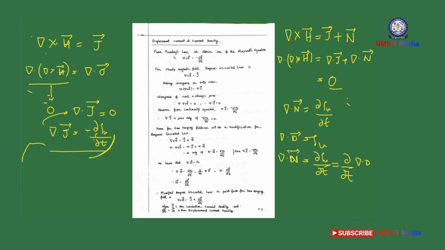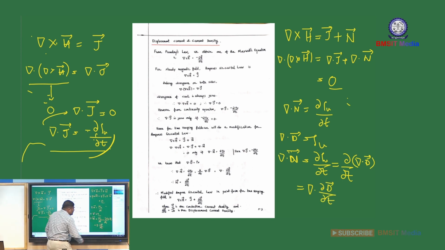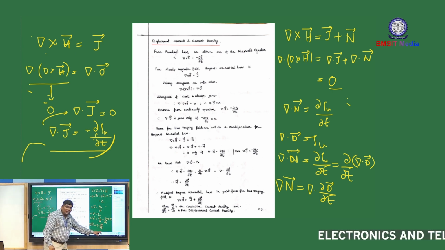Del dot D. So that is also equal to del dot dou D by dou t, where we can take del out. Let us write the LHS, del dot n cap, is equal to del dot dou D by dou t here.